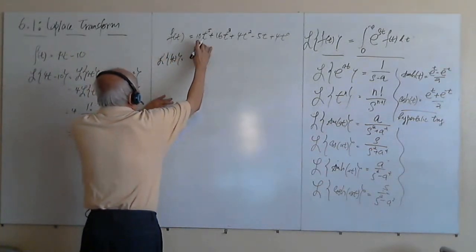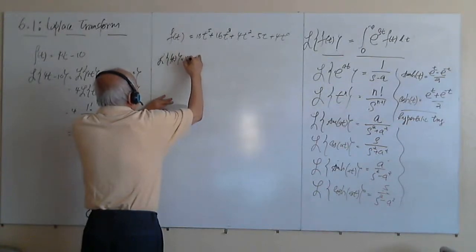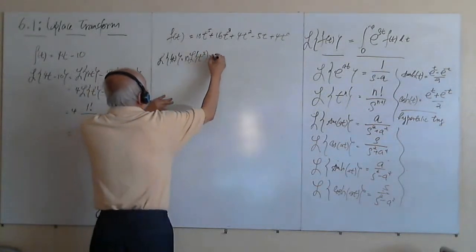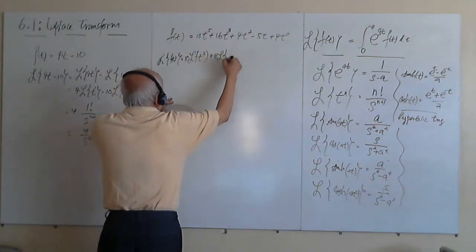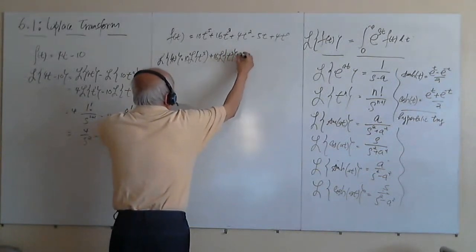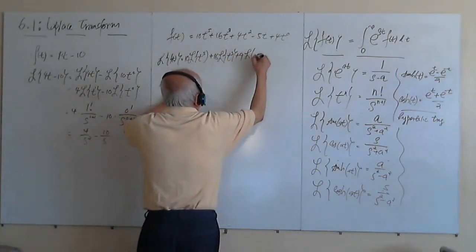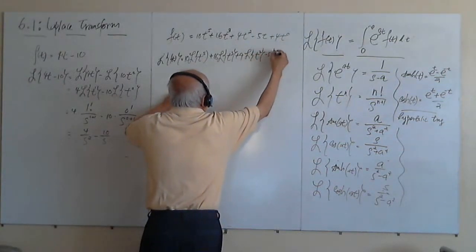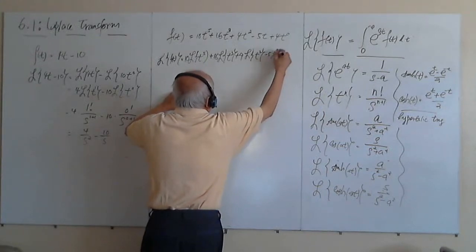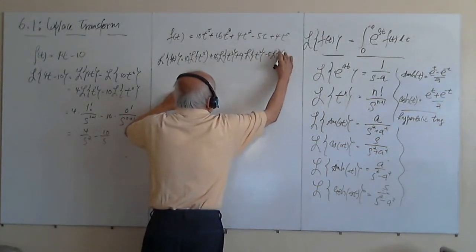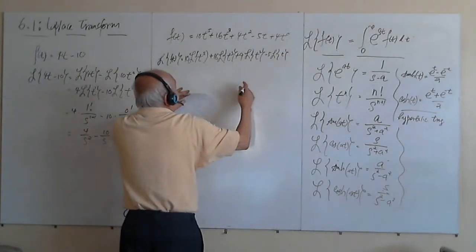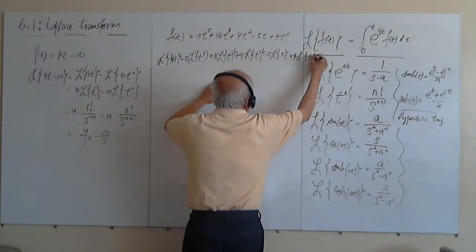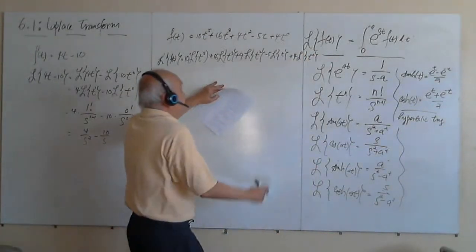I'm making a shortcut: the 10 here times the Laplace transform of t to the fifth, plus 16 times the Laplace transform of t cubed, plus 4 times the Laplace transform of t squared, minus 5 times the Laplace transform of t, and then plus 4 times the Laplace transform of t to the 0.